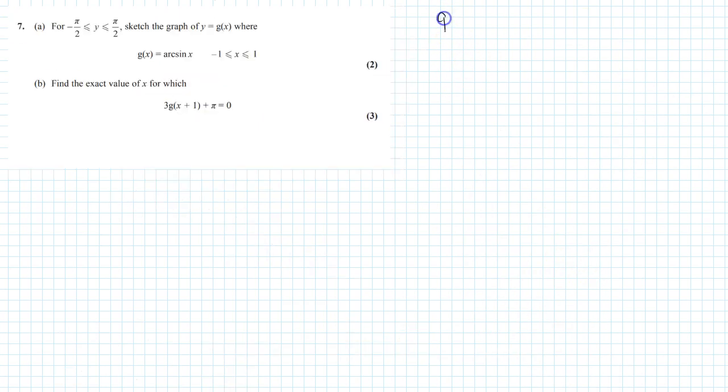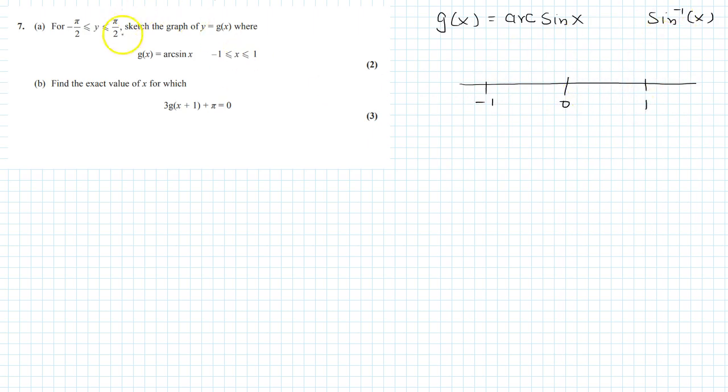g(x) is equal to arc sine x. Sometimes we call it sine inverse x. x is from negative 1 to 1, and y is from negative pi over 2 to pi over 2.